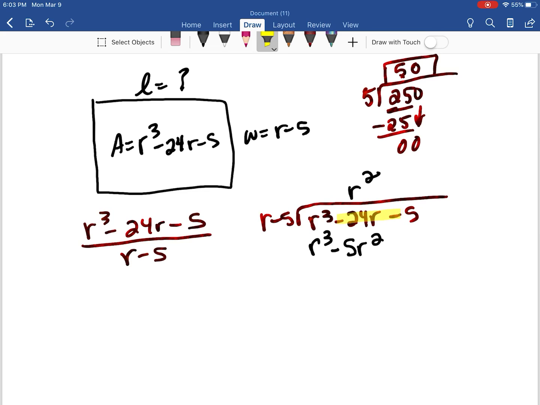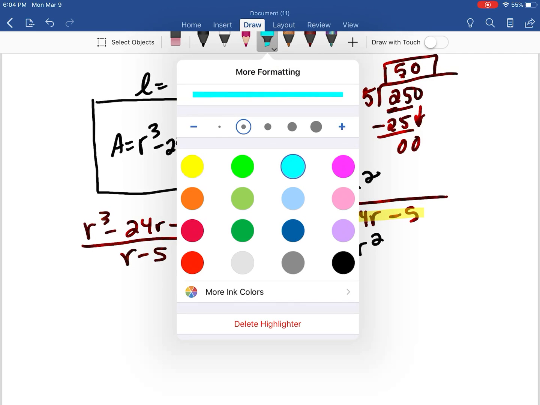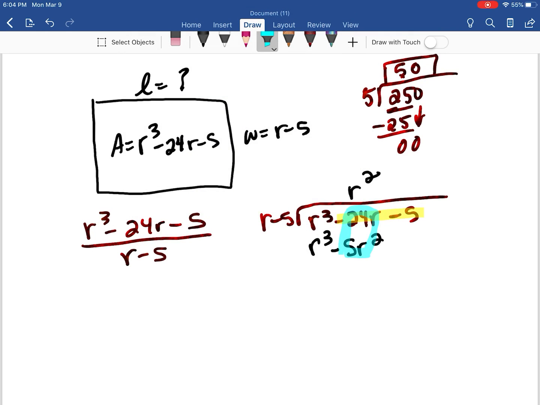Well, here's the problem. We have negative 24r, and I can't subtract these two terms because they are not like terms. So in order to account for that squared term, I have to put in a placeholder, plus 0r squared.